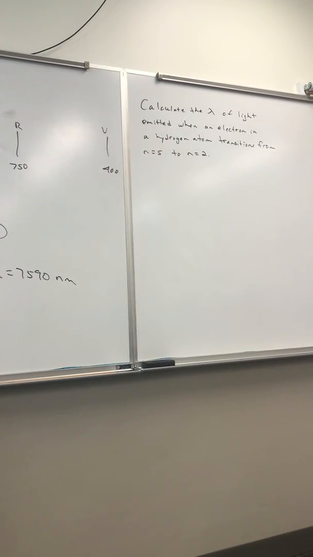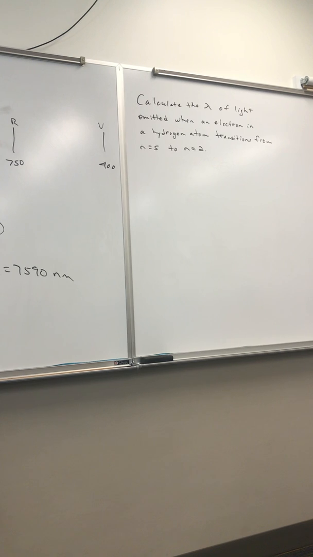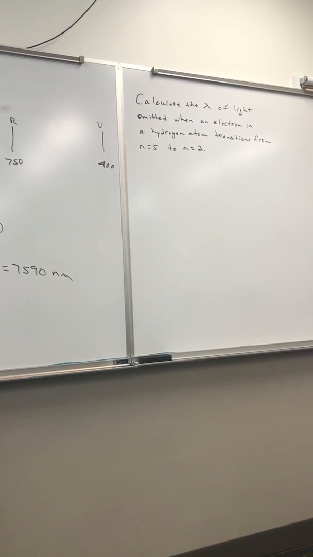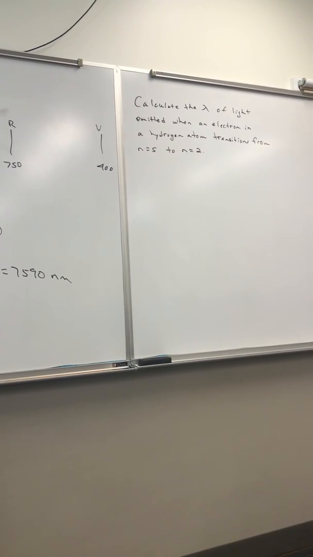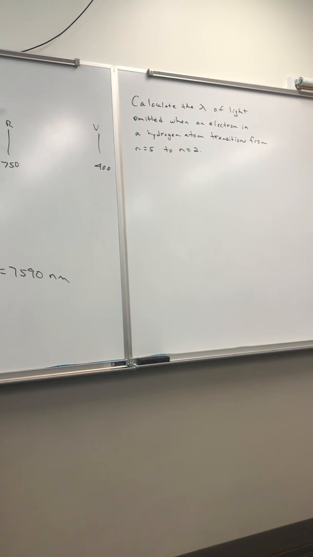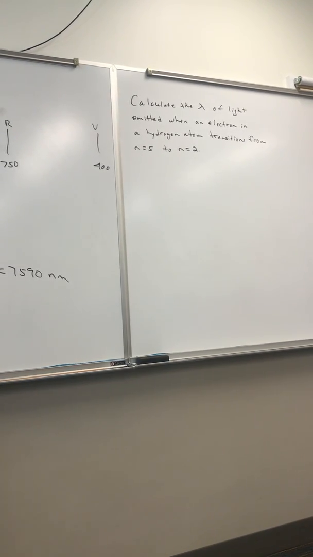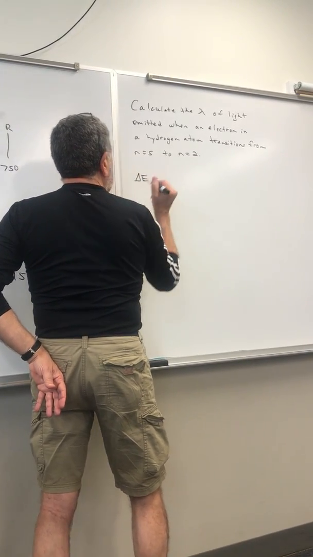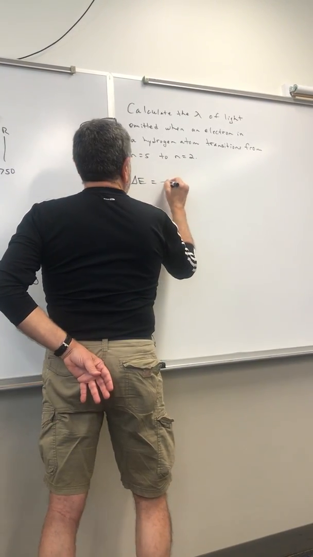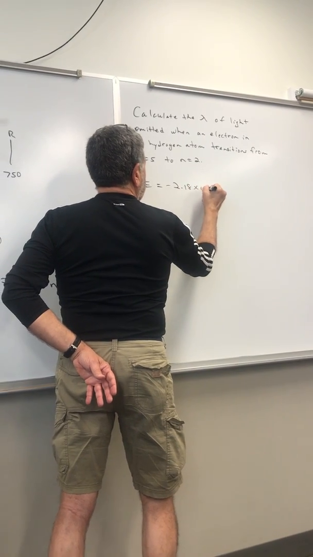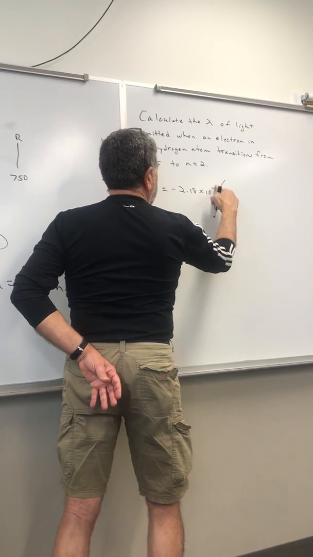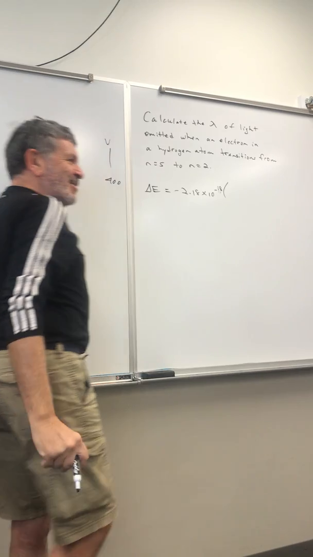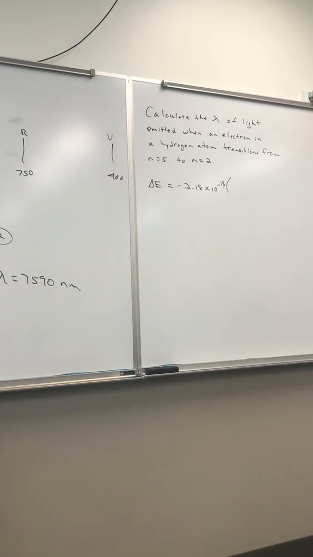So let's look at what happens when we go from n equals 5 to n equals 2. We're going to use the same equation that we used here. So that's negative 2.18 times 10 to the minus 18. And then what goes inside?